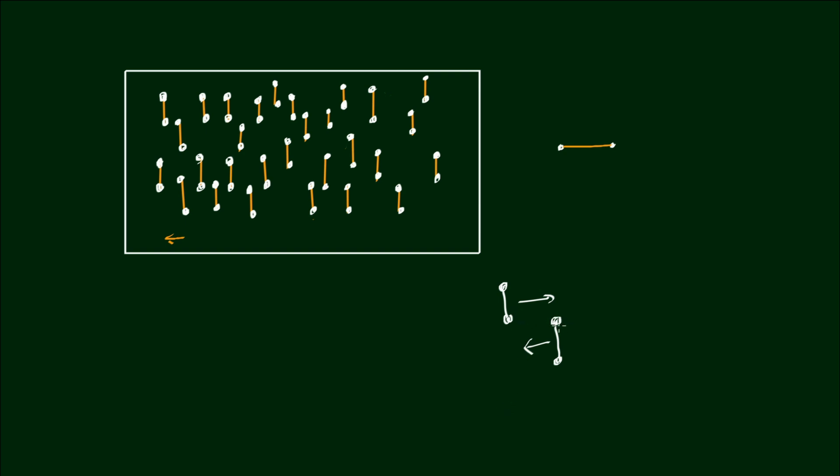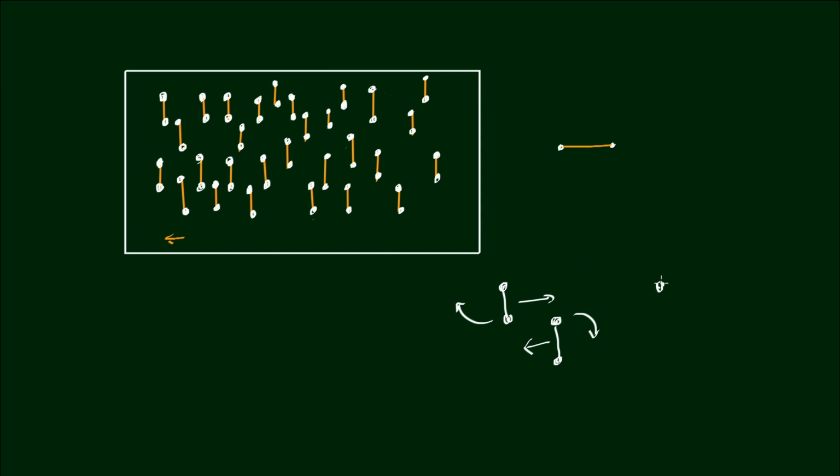What happens when these two collide? When these two collide, this molecule will start spinning in that direction and this molecule will start spinning in that direction. So pretty soon after these collisions, many of these molecules are spinning even though they were not rotating initially.